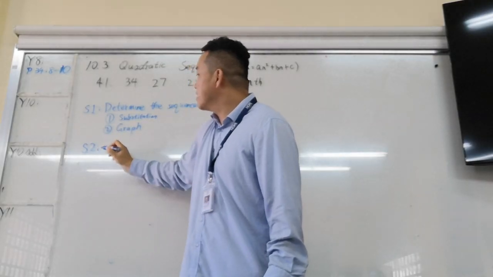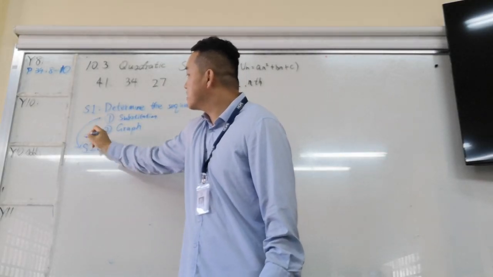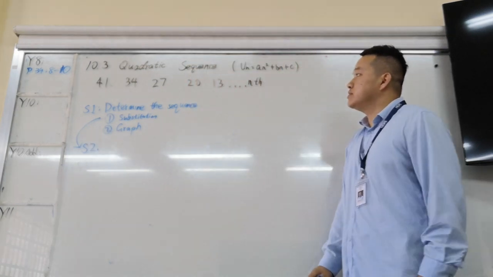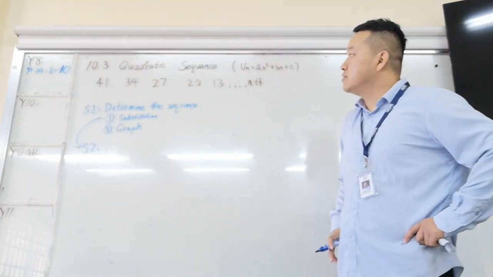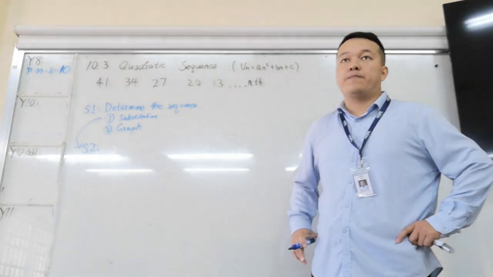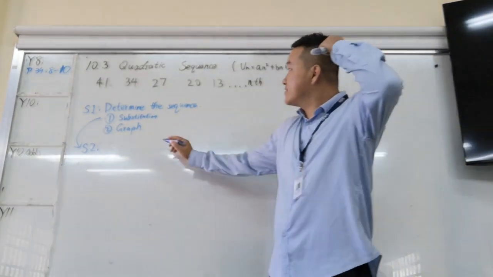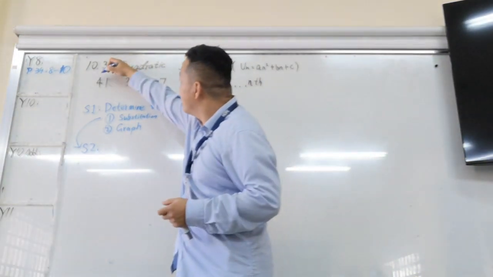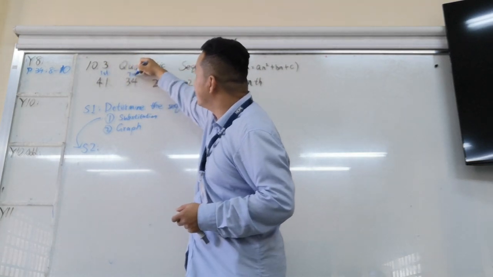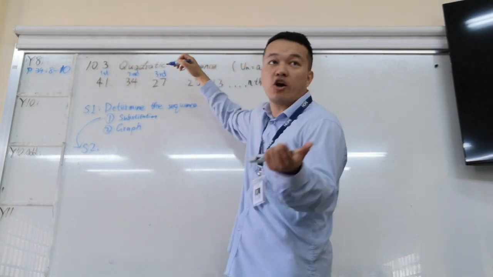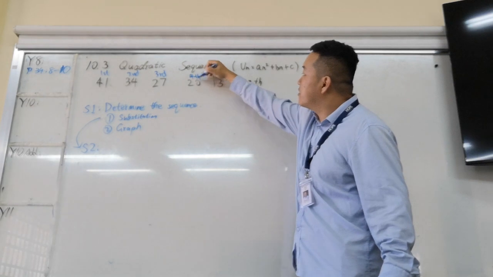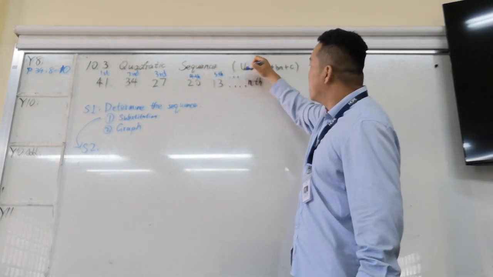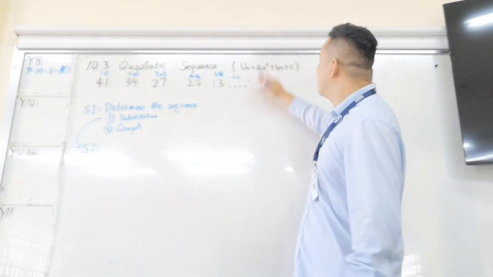Step 2, let's start with substitution. What do we do to work on the substitution? Plug in what? This is the first, second, third term, yes. Fourth, fifth, until the nth term.